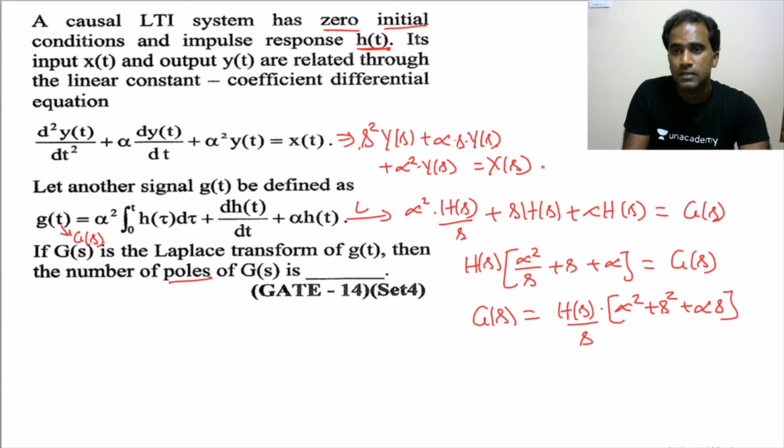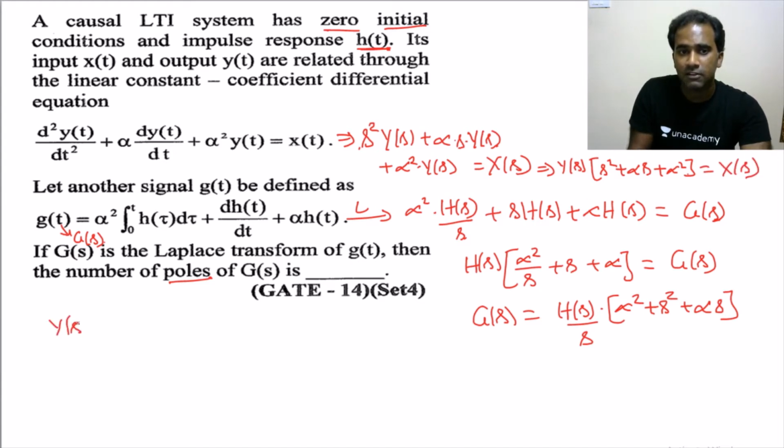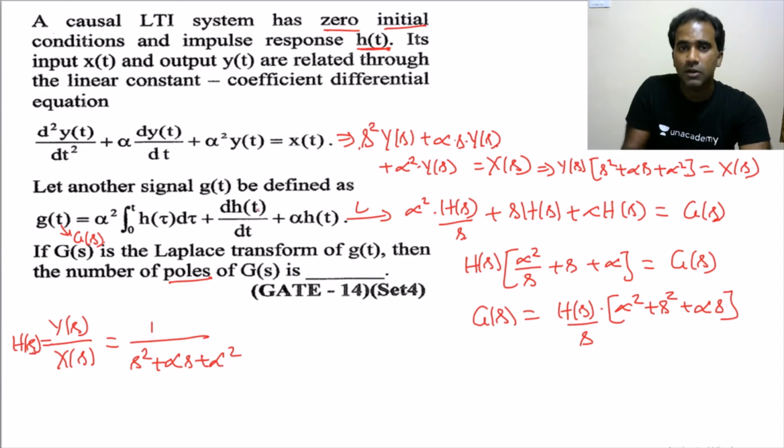So if you take Y of s common, it becomes s square plus alpha s plus alpha square. From this you can find Y of s divided by capital X of s is equal to 1 divided by s square plus alpha s plus alpha square. So this is nothing but capital H of s. So we got capital H of s.